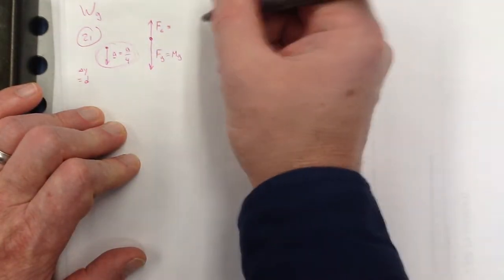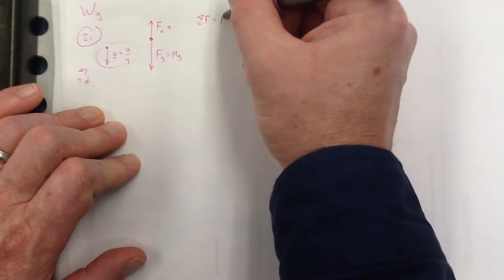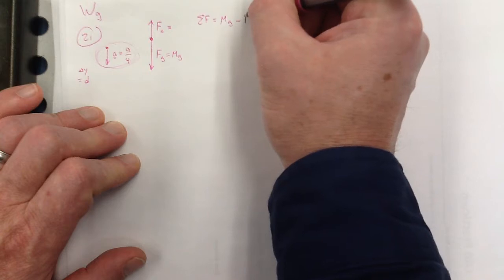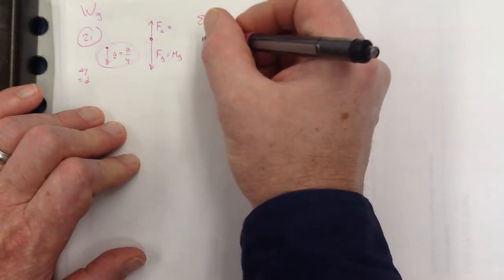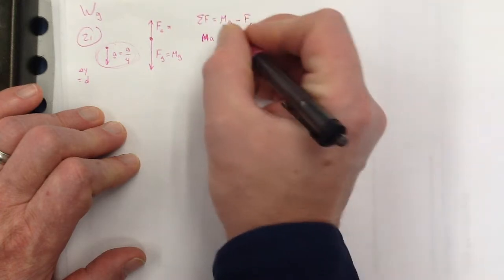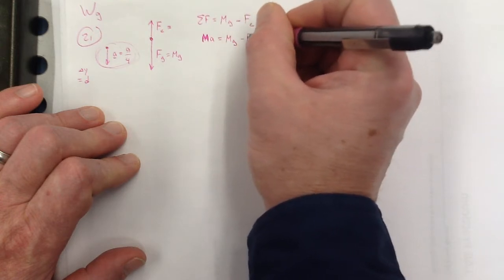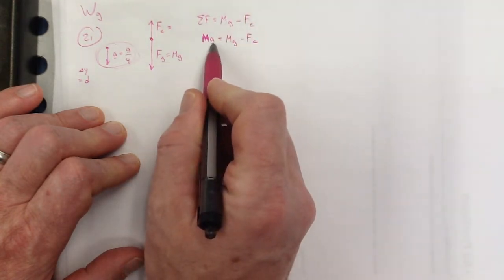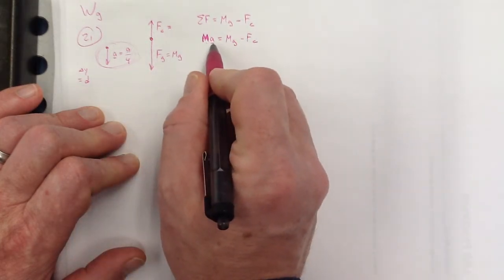Otherwise, the sum of all forces is going to be that minus this, and the sum of all forces is equal to mass times acceleration. Sorry, it should be a big M to match up with that. And we know the acceleration is g over 4. So I'm going to have an mg over 4 here and an mg.